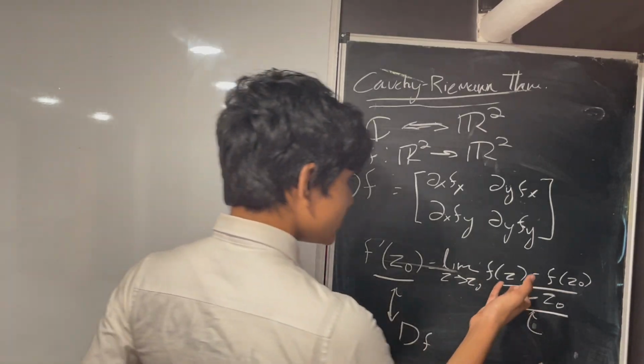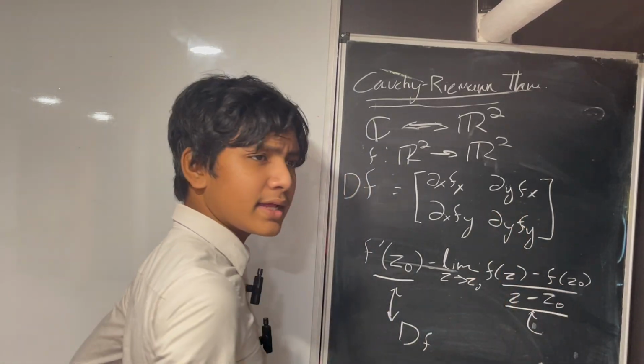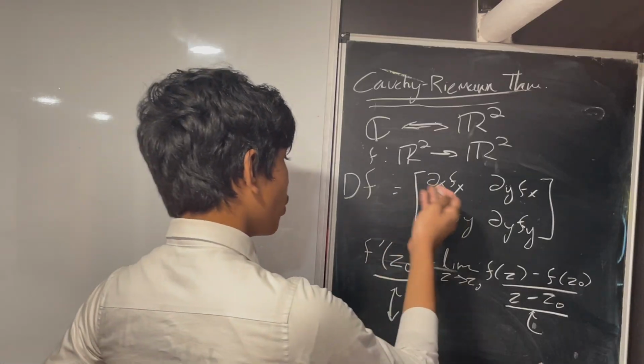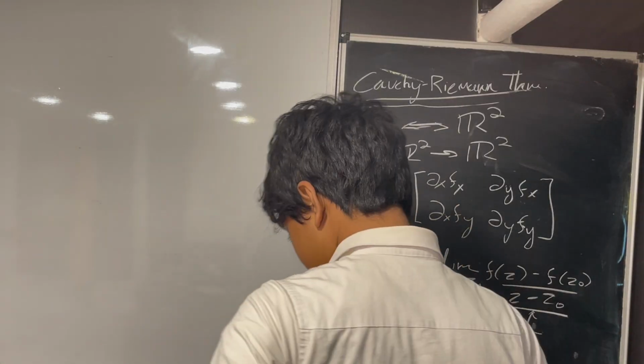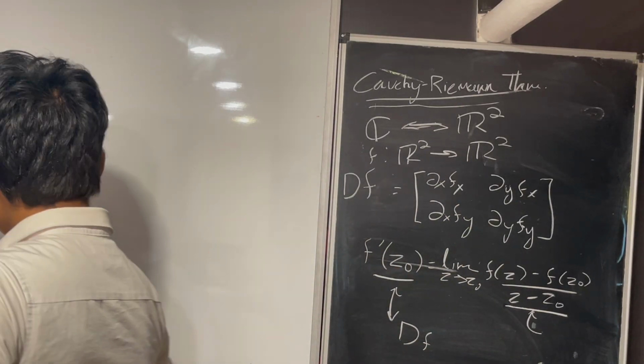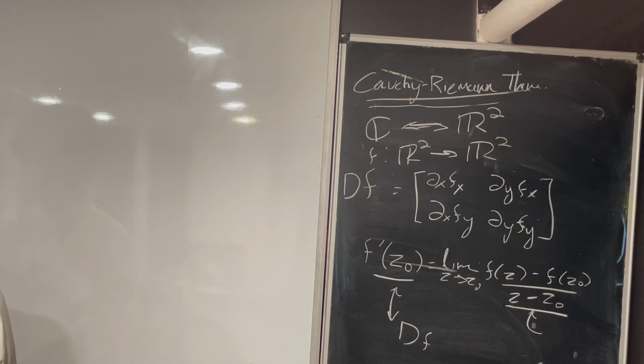Well, of course, for this to exist, but can we phrase it in terms of the Jacobian? Well, sure we can. So, what does it mean to be differentiable or analytic in terms of complex analysis?